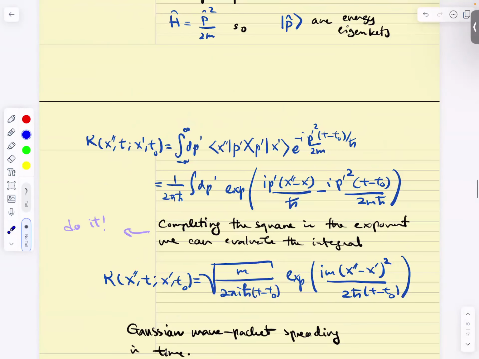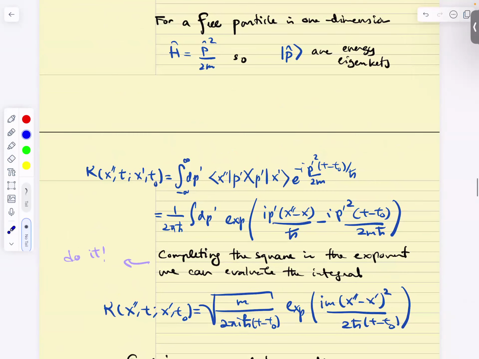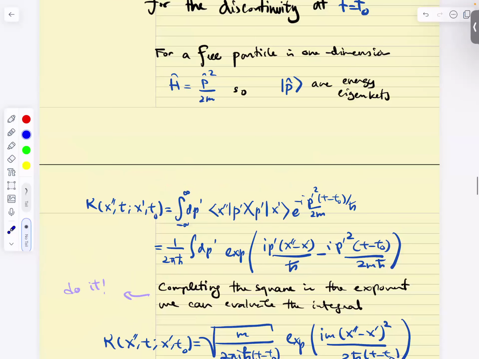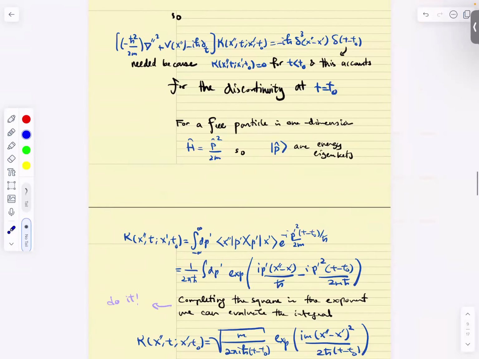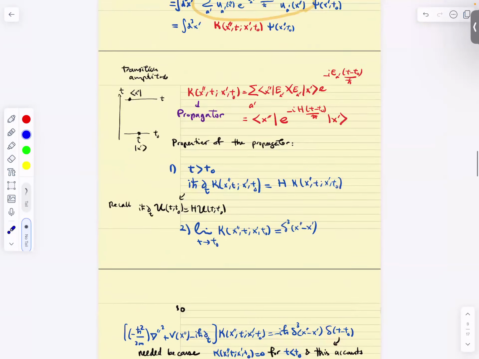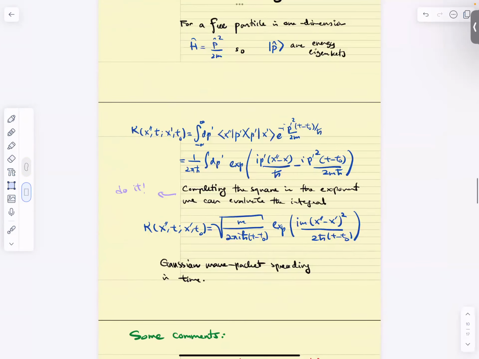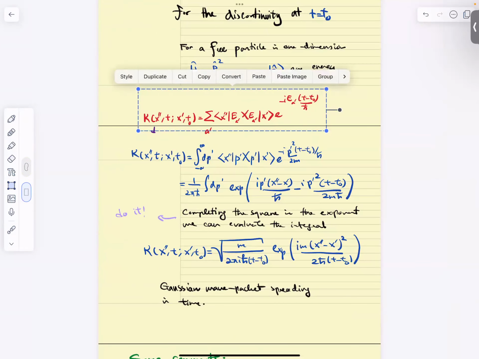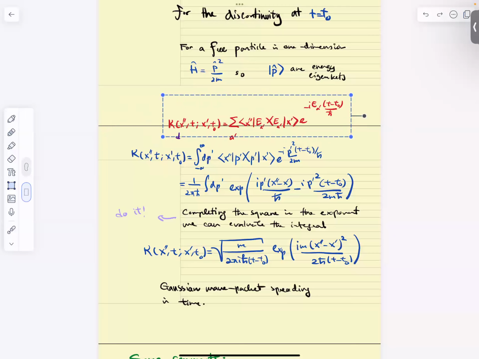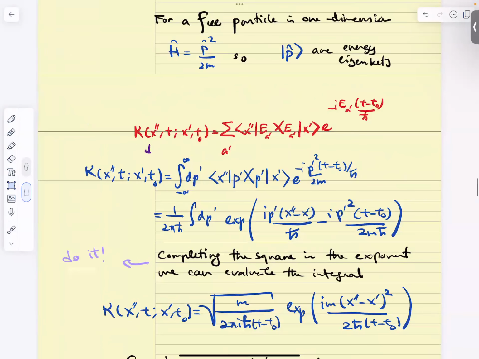All right. So what is the propagator? Let me bring this back here. So here's my propagator. For a free particle, these are energy eigenkets labeled by p prime. Sum over energy eigenkets, because p prime is continuous, it's just an integral over p prime.